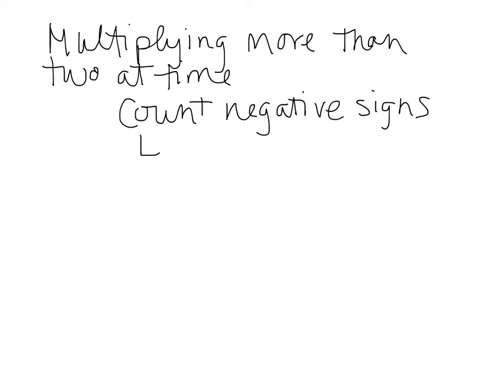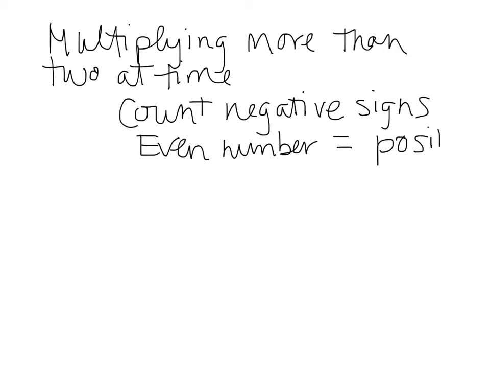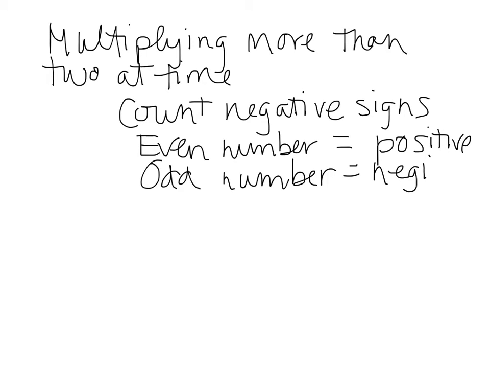An even number of negatives equals positive, and an odd number of negatives equals a negative, because any two negatives make a positive. So you put them in groups of two and it will all be positive.